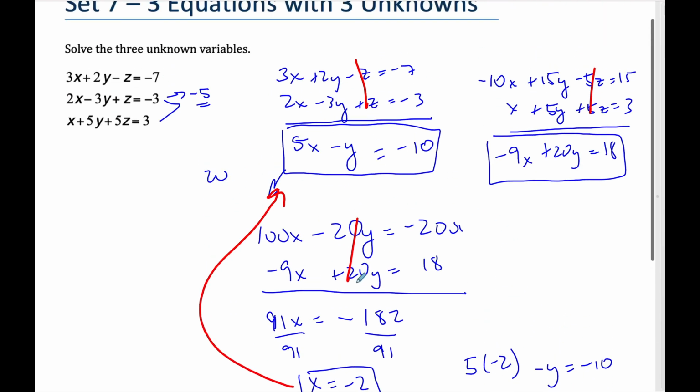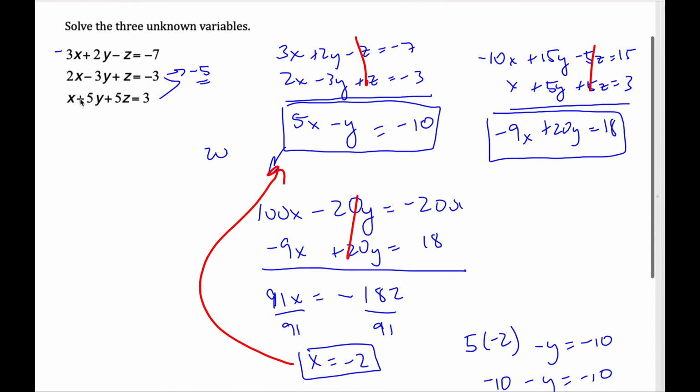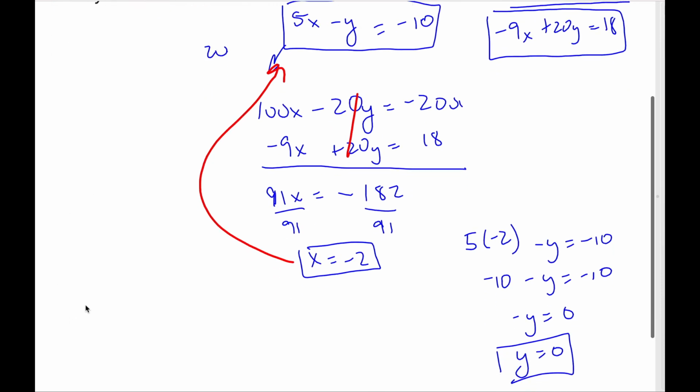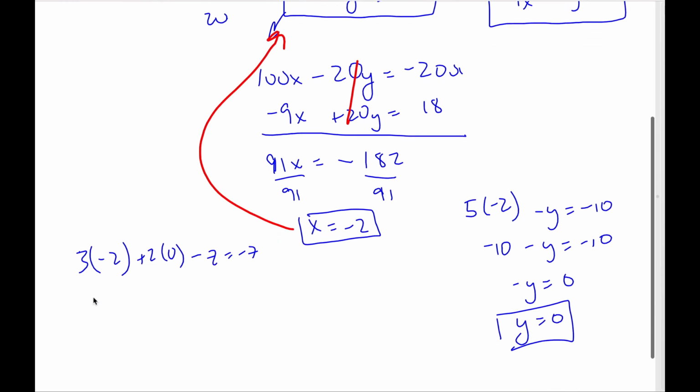Then my final thing, I need to get z. I can choose any one of these equations, and I'm going to choose this one for no good reason. So I have 3x is negative 2, plus 2y, which is 0, minus z is equal to negative 7, which is negative 6, plus 0 minus z is equal to negative 7.